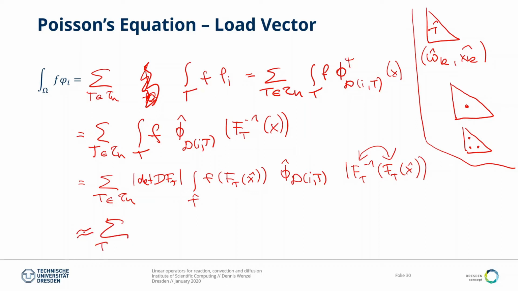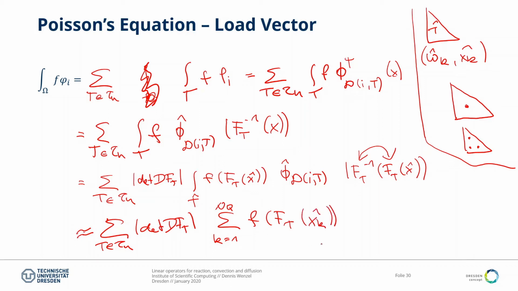I'm keeping my sum over all cells. I'm keeping my determinant, that was the area scaling factor, but I'm removing this integral now and replacing it by a summation from k equal 1 to the number of quadrature points, and I'm evaluating f at ft of xk hat.